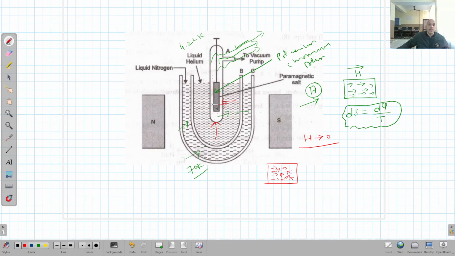So they will utilize their own internal energy, and the temperature of this sample will decrease. So this is the way this material will get cooled to a very, very low temperature, right? So this is how we can produce a very, very low temperature. And as I have told you, a temperature of the order of 0.001 Kelvin was attained with the help of this magnetocaloric method, or we can say adiabatic demagnetization of this paramagnetic material, right?